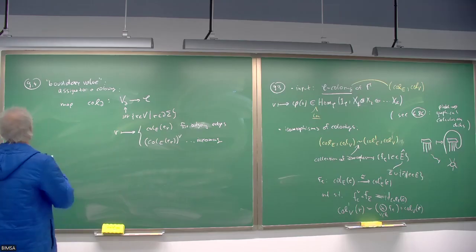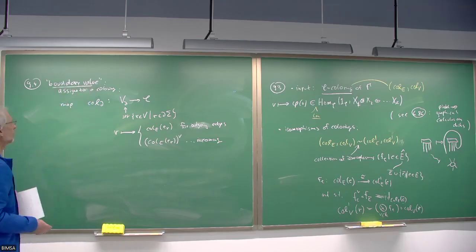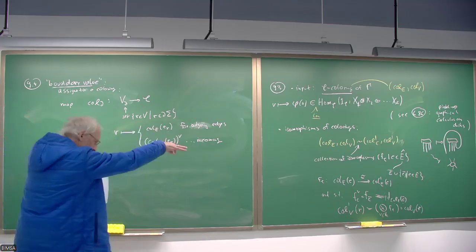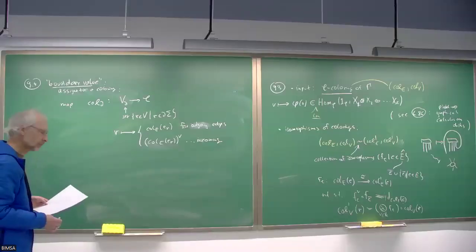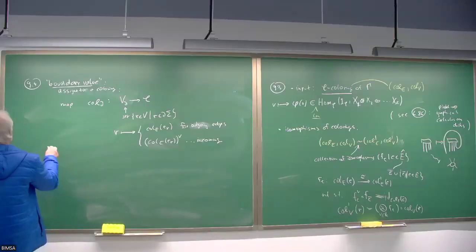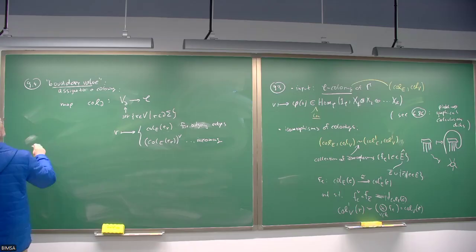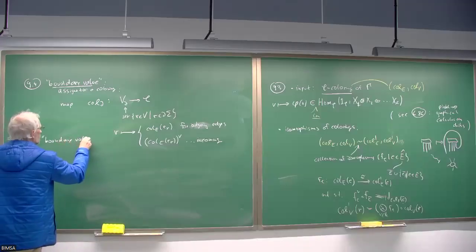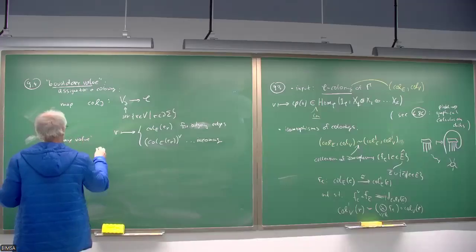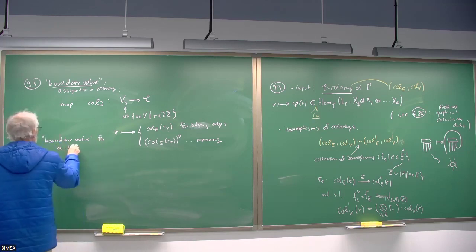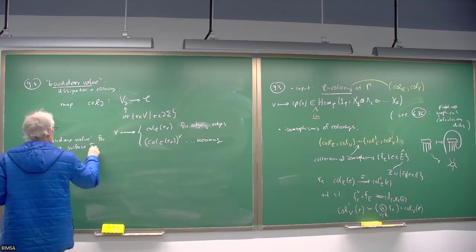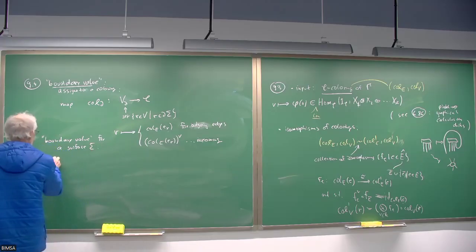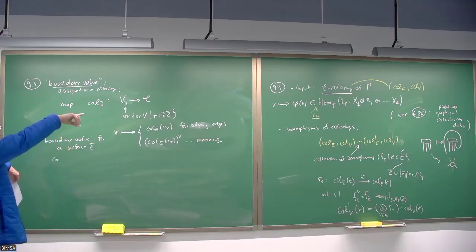So here we get a boundary value for a given graph embedded in the surface, which gives us some information on the boundary of the surface. But we can also define a boundary value for the surface sigma, which is just something which, in the case of a graph, you get in this way.